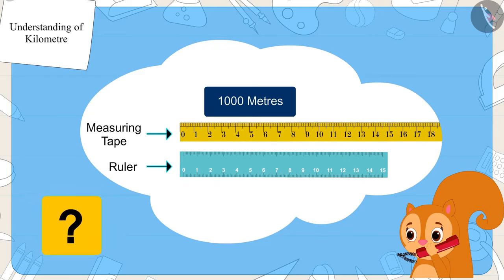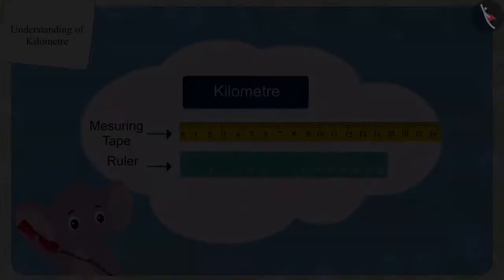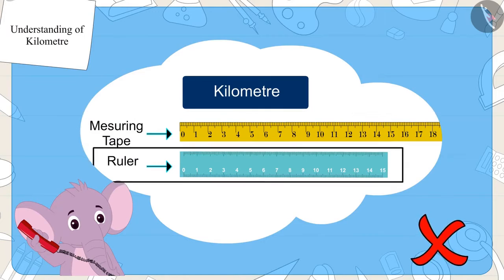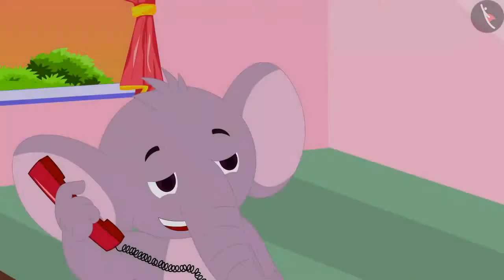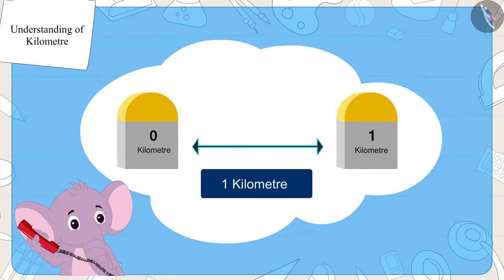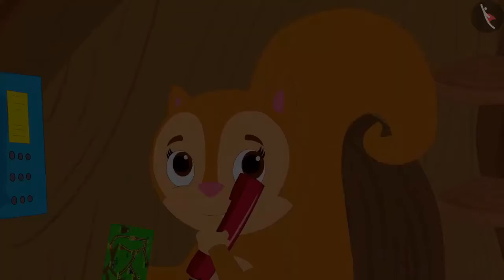So, how can we measure the distance between two places? You cannot measure a kilometer with a measuring tape or a ruler. Special resources are used for this, okay? You can only find the distance between two places by the distances written on the signs on the road.